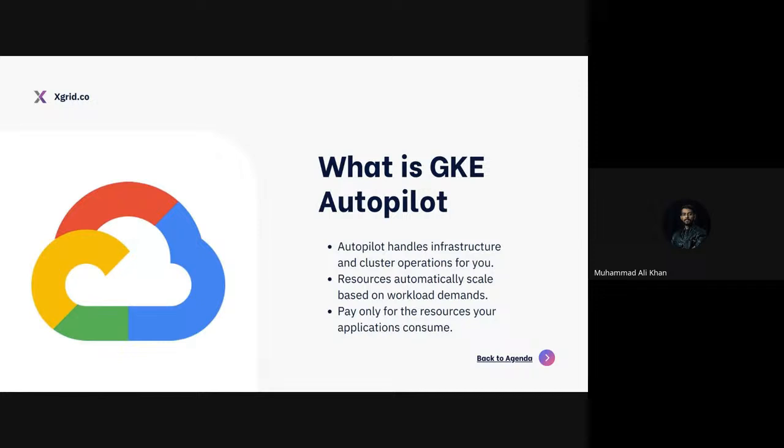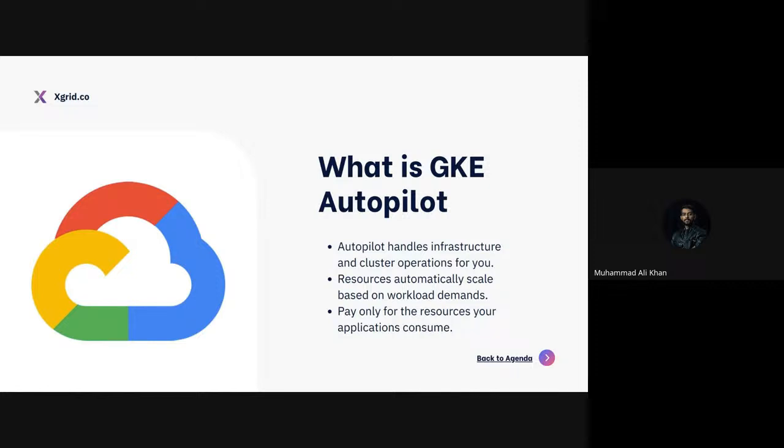One of the main features is basically resource optimization in the GKE Autopilot serverless offering. Autopilot automatically adjusts your resources based on your workload demands. It ensures that you're using resources efficiently, and it focuses on scalability on demand.